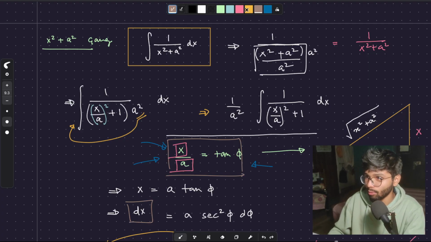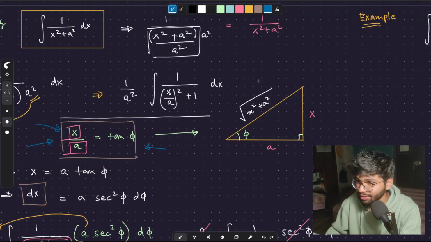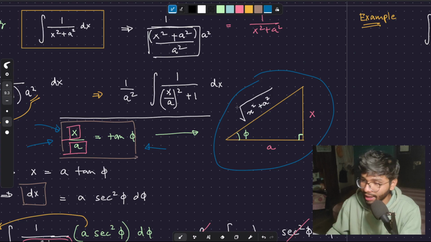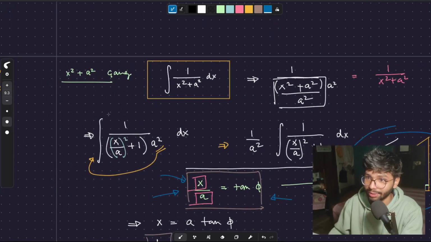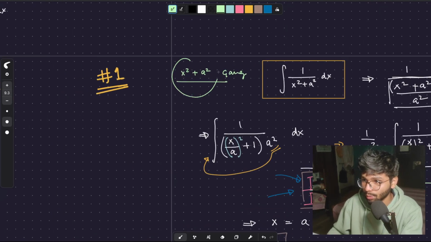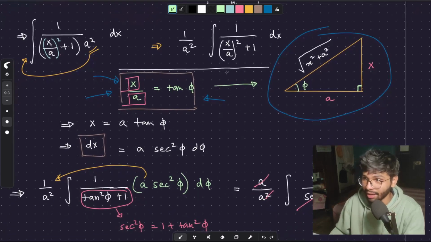And we have done some good old linking to our Pythagorean triangle, or right angle triangle, if you will. So this is going to be pretty handy in this whole x squared plus a squared gang. This tangent substitution is going to be very handy, so keep that in mind.